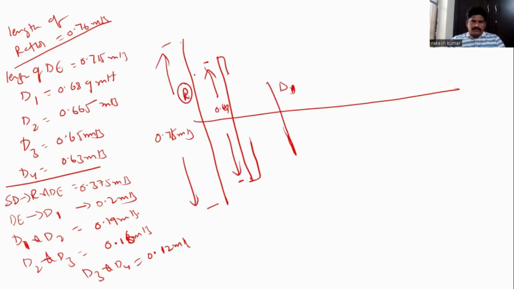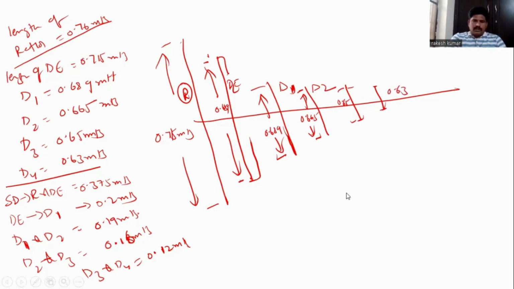This is your reflector, this is your driven element, this is your director D1. What is the height of the director D1? The height is 0.689. And similarly, D2. The D2 height is 0.665. And next, what is the value of D3? It is 0.65. Next, D4, the height is 0.63.